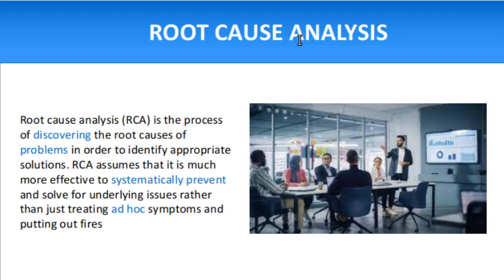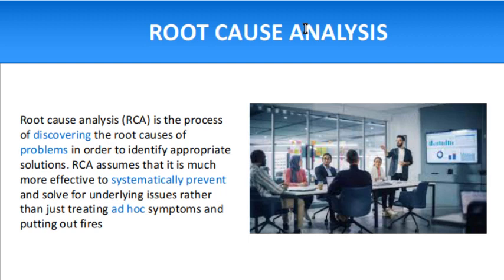Actually, whenever we are implementing projects and doing different things, if there is any issue in the process, for example you are deploying a software solution and something goes wrong, things are not working fine, we all start firefighting.